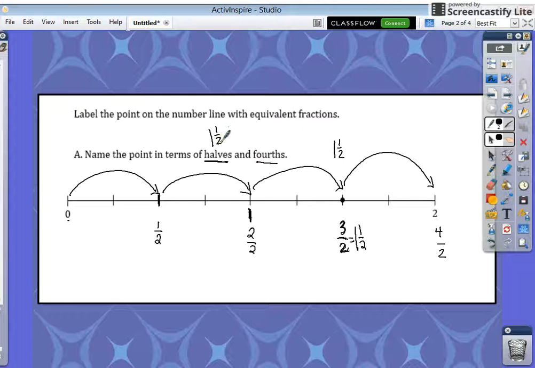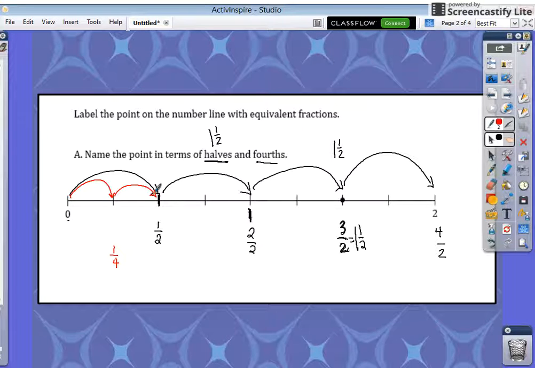We can do the same thing for fourths. This number line is already broken up into fourths. I'm going to change the color and make that red. From here to here is 1/4.